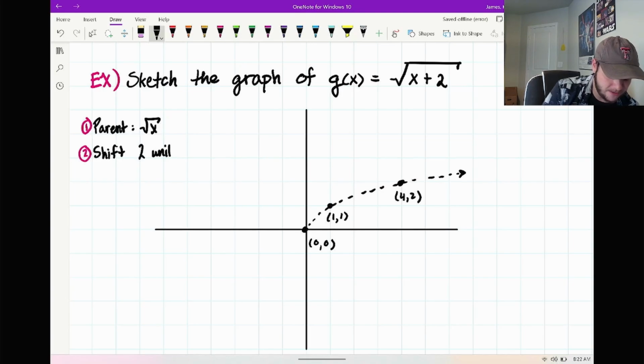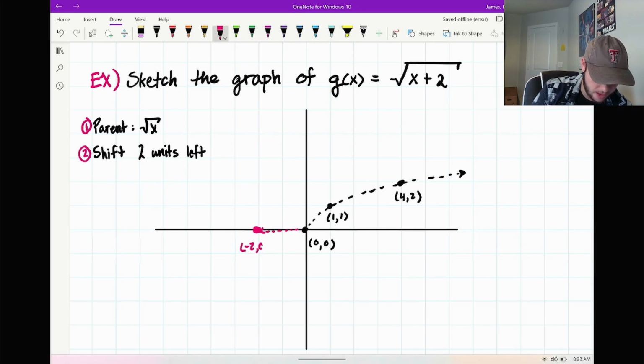Now, you might expect to go right since the 2 is positive, but I actually want to go backward 2 units. So I go left 2, and 0, 0 ends up at negative 2, 0. 1, 1 ends up at negative 1, 1.